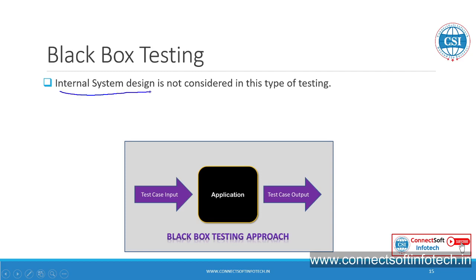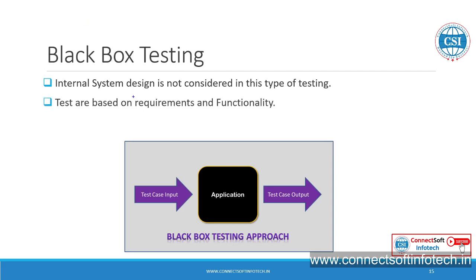As a tester we are not aware of this code. Whatever internal code is written by the developer, we are not going to check it. What we are going to check is the output, meaning the application: whether it is working properly as per the requirement, the button is working properly, the logo is displaying properly or not. This kind of testing we are going to do.